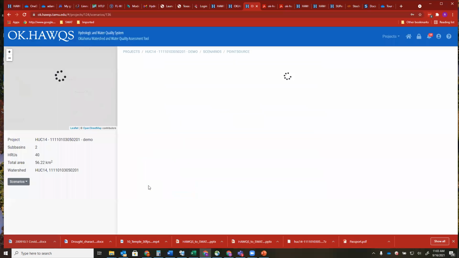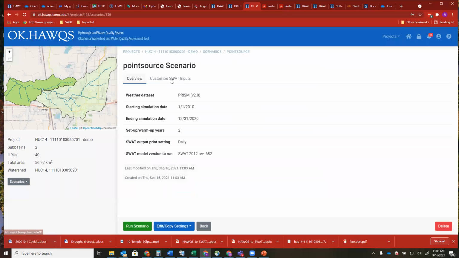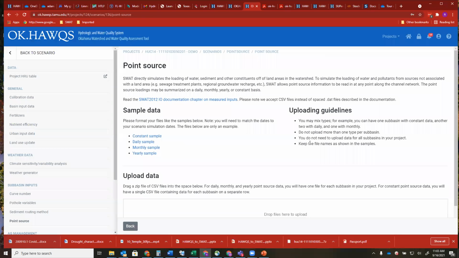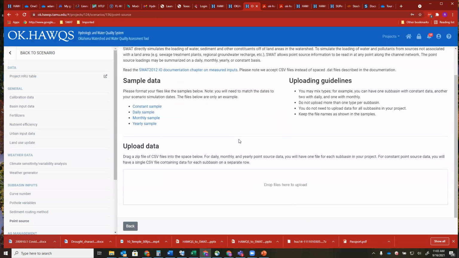Okay, so it changes. And now, in the customization, I want to go to the point source. Again, there is a chapter here that explains the detailed inputs. You can have a constant, daily, monthly, or annual input.